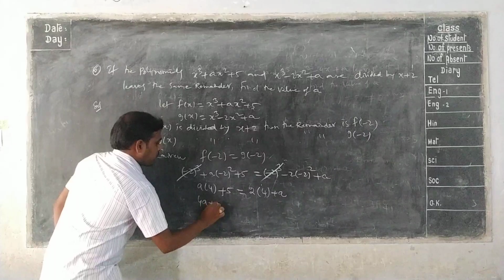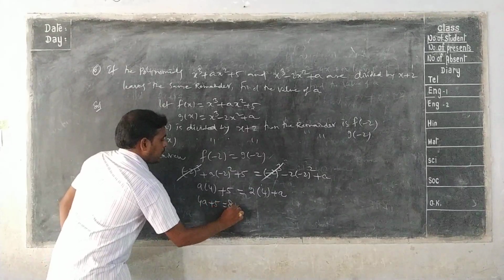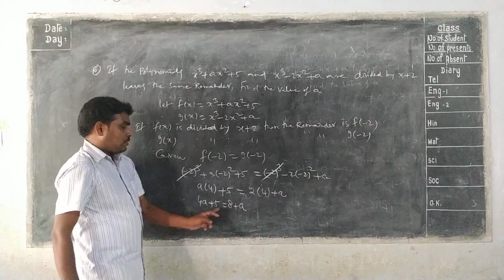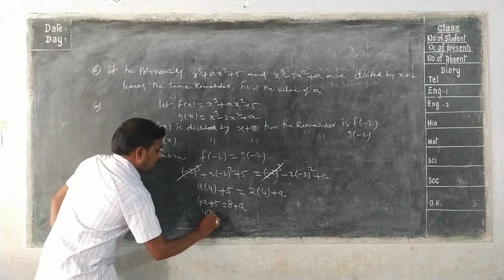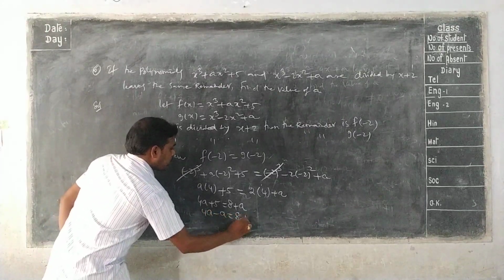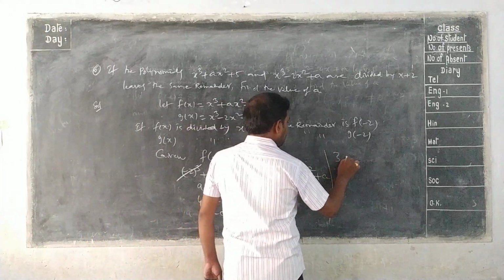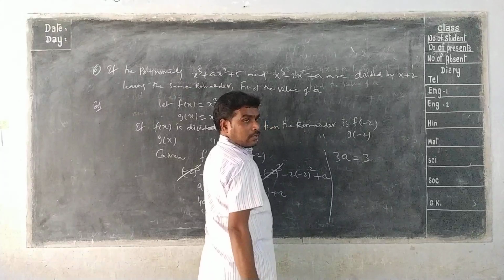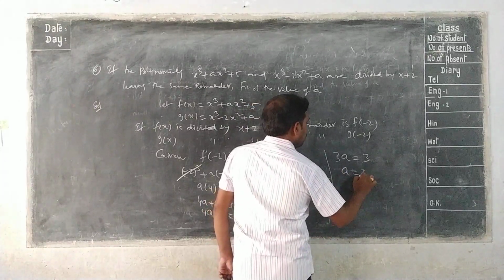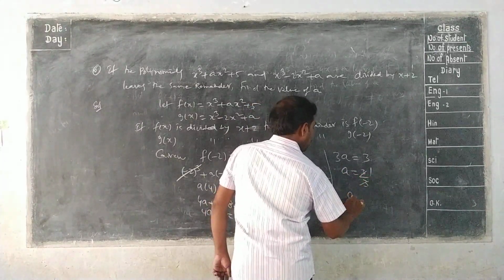So 4a plus 5 equal to 8 plus a. Transposing a this side, 4a minus a equal to 8 minus 5. So 3a equal to 3. a equal to 3 by 3. So a equal to 1.